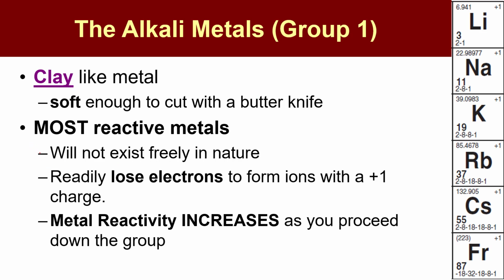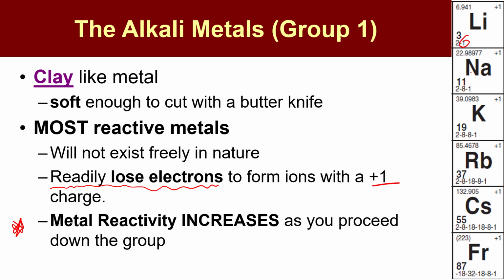These alkali metals are incredibly reactive, which means they will readily lose electrons. And they all have one valence electron, so it means, as we said before in the video, they will lose that one valence electron and become a +1 ion. Now, one of the unique things that we're going to talk about is the fact that the reactivity of your alkali metals will increase as you proceed down the group.